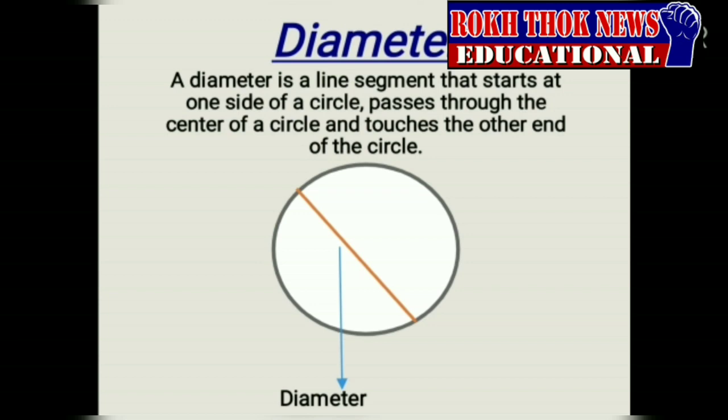It is also like a chord, but the only difference is that the line segment passes through the center of the circle. You have to remember, children, a chord does not pass through the center of the circle. A diameter passes through the center of the circle, and a diameter is also the longest chord of the circle.